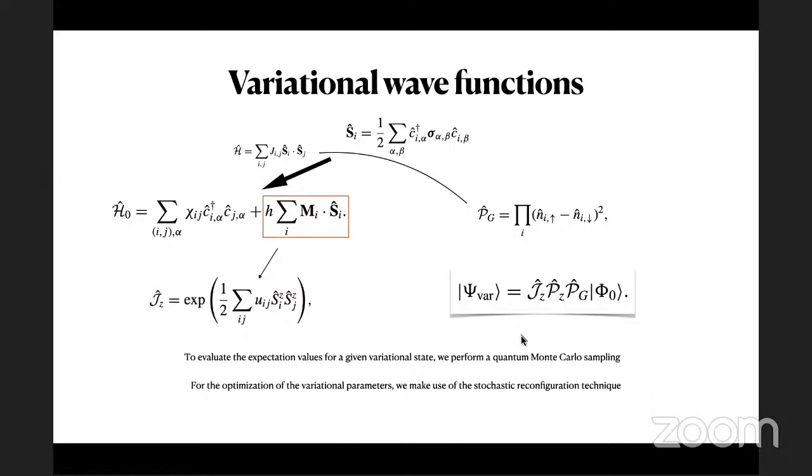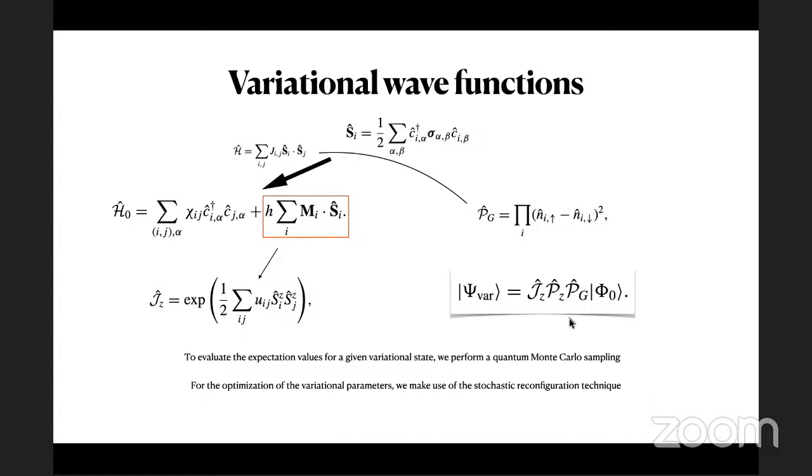Now, this is a strongly correlated state, and there's not much you can do with it analytically. So in order to evaluate expectation values for this variational state, you have to perform quantum Monte Carlo sampling. Fortunately, it's possible to enforce this projection exactly numerically in the Monte Carlo sampling. The great thing about the approach is that you are really working in the correct physical Hilbert space, and your particle number is strictly one fermion per site.